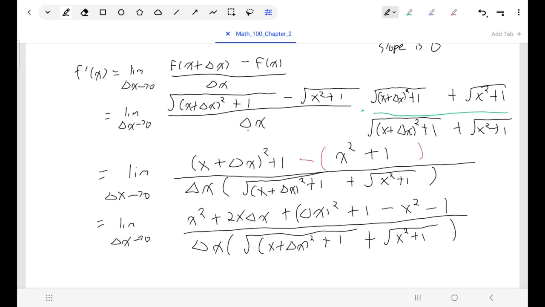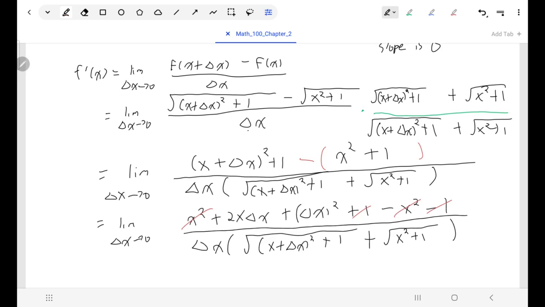If I do a little bit of cleaning up right here at this line, I can see that I've got some good things going on for me. I have x squared and a minus x squared that will cancel, so that's kind of good. I've also got a 1 and a minus 1 that will cancel. So again, that's also good.